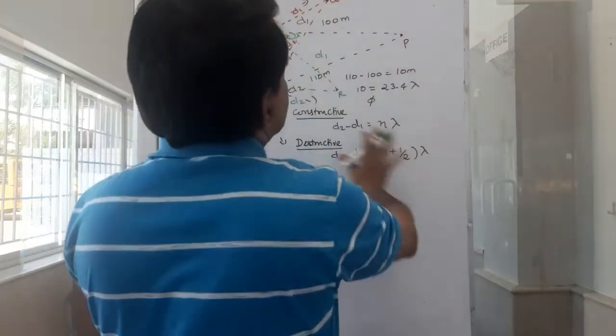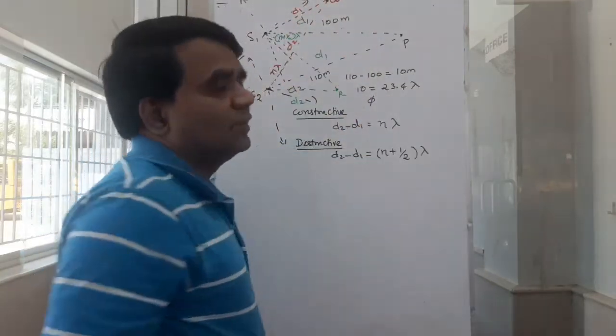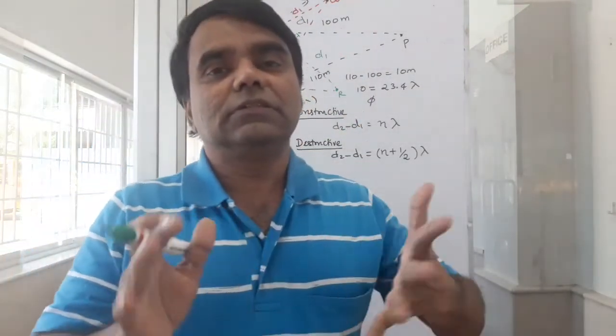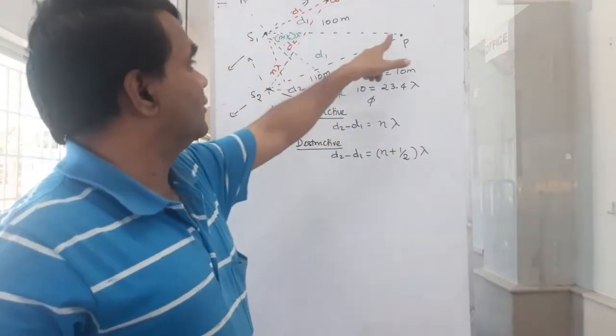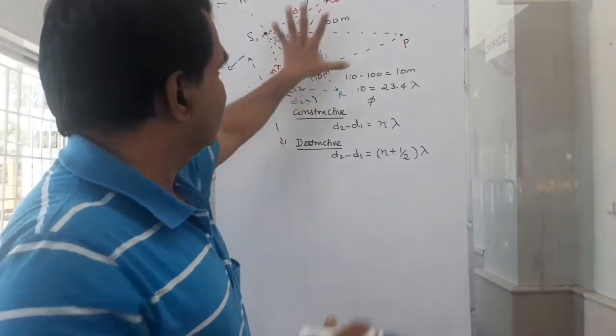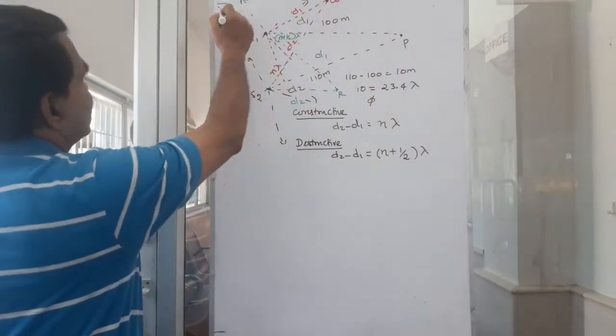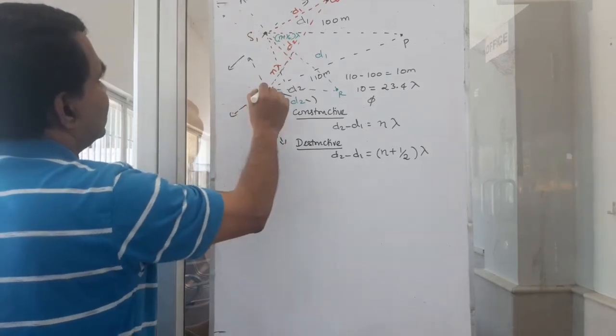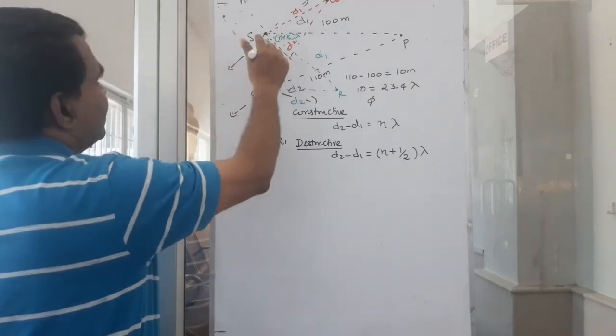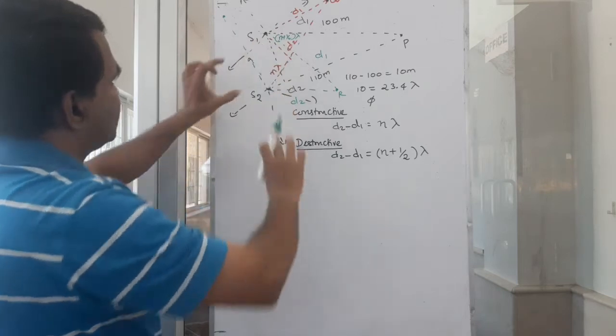Likewise, all points in space will have this kind of result. So even though we did it for just one point, you can see that for all points, suppose I take this point also here and see what happens. The wave is going to reach here, and then the wave is going to reach here, and I can find the path difference between them.